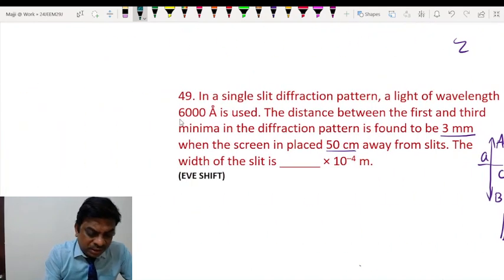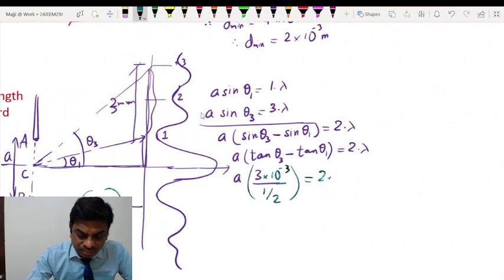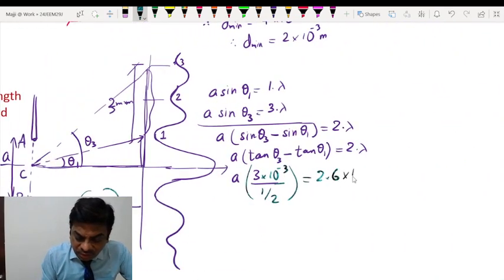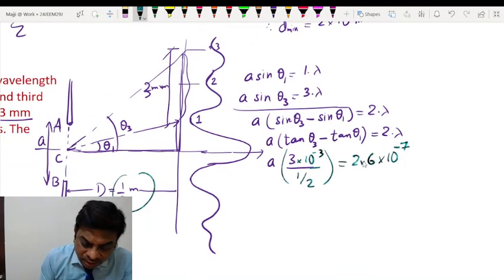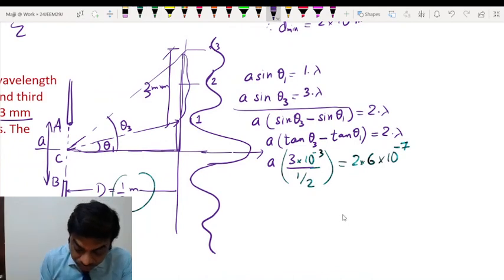Lambda is given as 6000 angstrom. So 6 into 10 to the power minus 7 meters. So all the expressions I have substituted in SI units. So let us see what we get. So this 2 and 2 get cancelled and the 3s are.